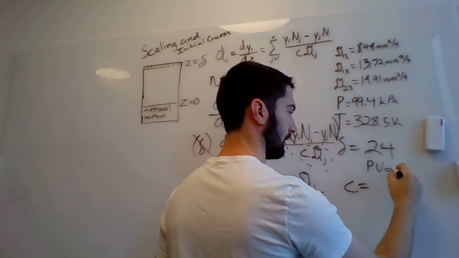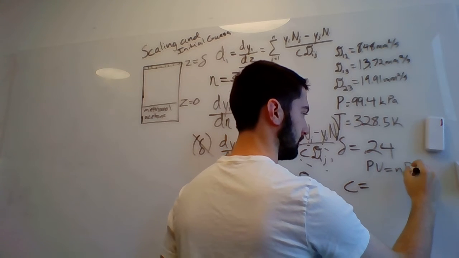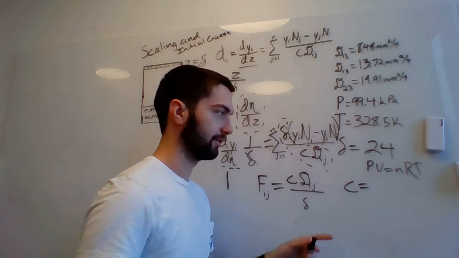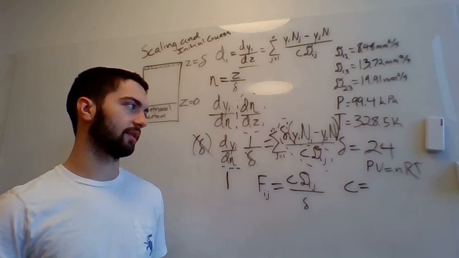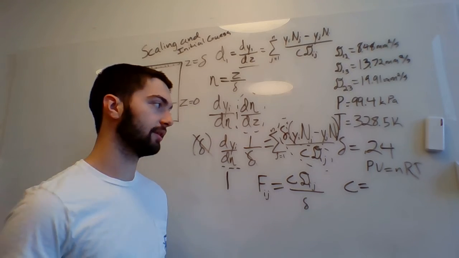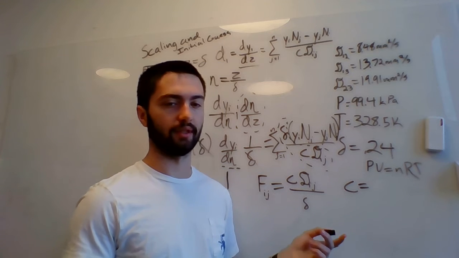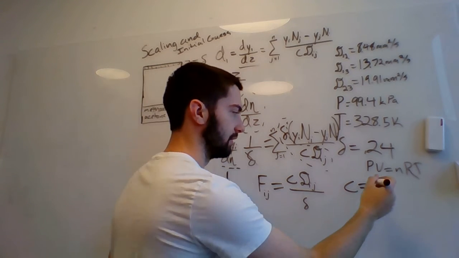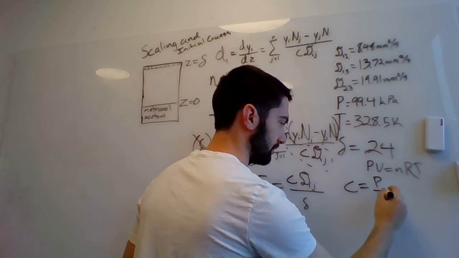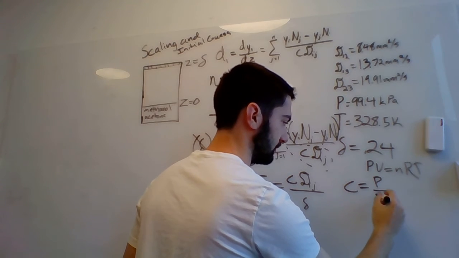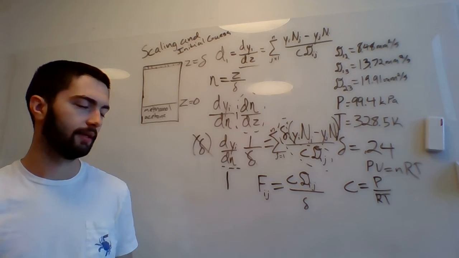The ideal gas law states that pressure times volume is equal to moles times the ideal gas constant times temperature, and we know concentration is just moles over volume, so if you solve for moles over volume, you're left with pressure over the ideal gas constant times temperature.